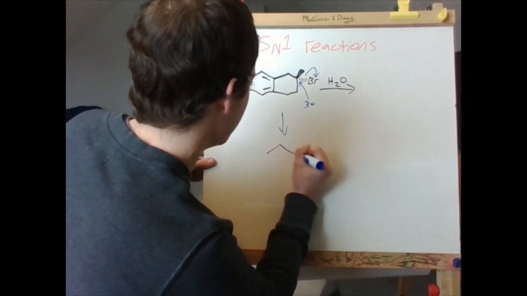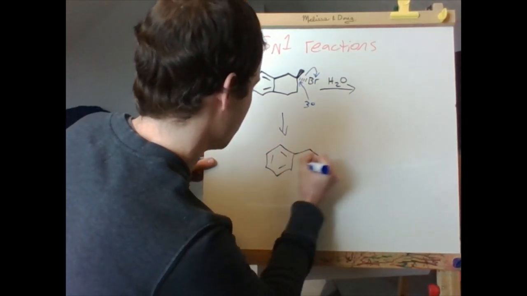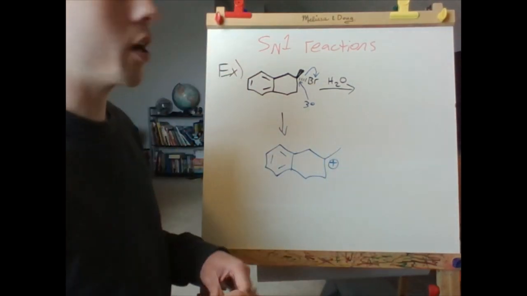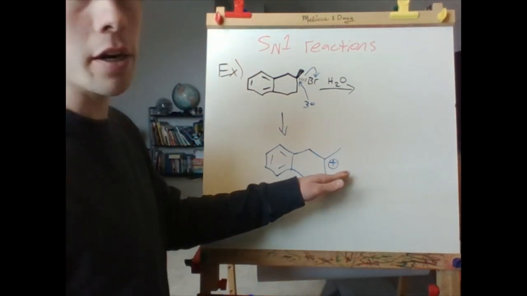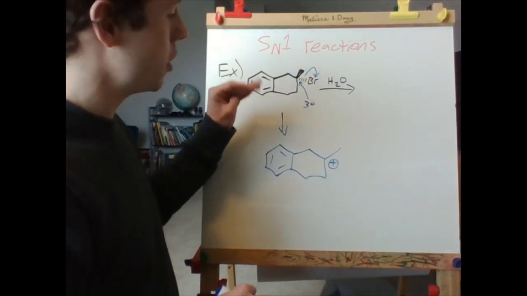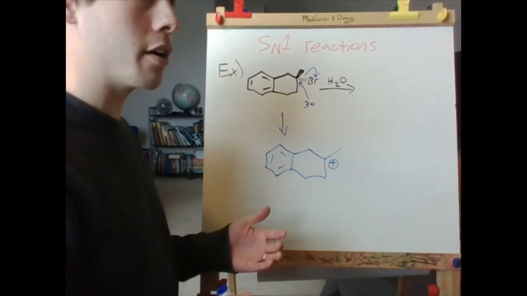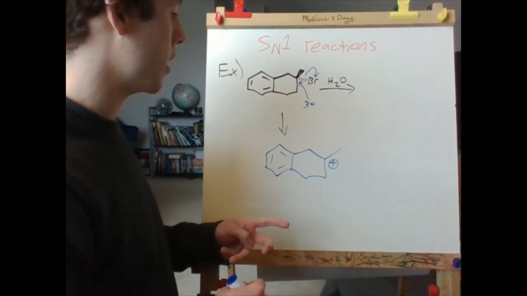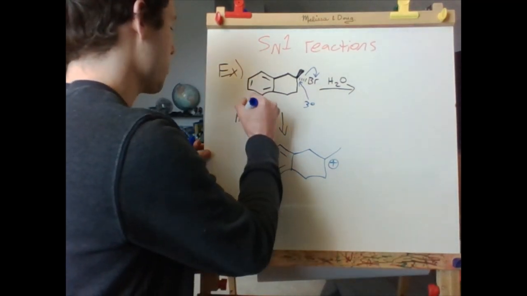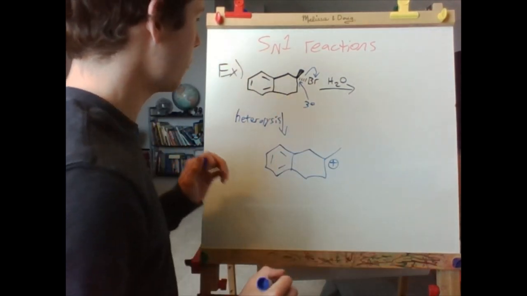And then we get an intermediate that looks like this, where we have generated a tertiary carbocation, and our bromine has left. Remember that carbocations are flat, and so when we have our nucleophile come in and attack, we can get attacked from both sides. And so this is the heterolysis step.